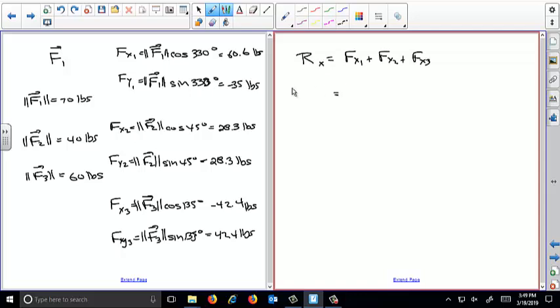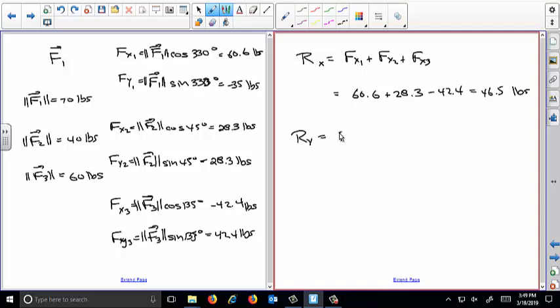We've got to make sure we keep the signs, so we're going to have positive 60.6, positive 28.3, minus 42.4. Put that in our calculator. We get 46.5 pounds.